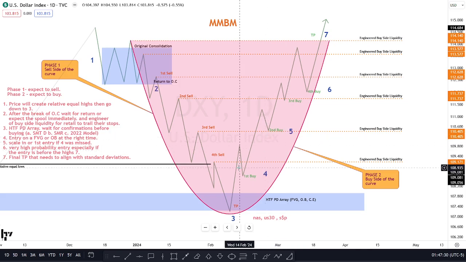And another thing, I can see others are also, like me, trying to reteach what ICT has taught, but I saw the gap, and it's what I want to fix right now. This is engineered buy-side liquidity. We utilize this. So number 1, this is when you will see the institutional order flow drills.